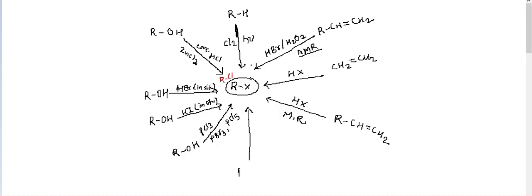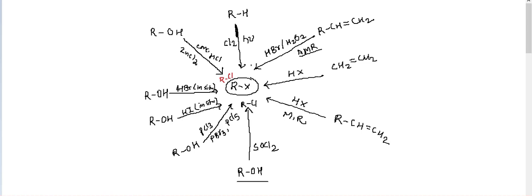And then there is one more method: ROH, when treated with SOCl2, we end up with specifically RCl. This is a very good method of preparation of alkyl chloride from alcohol because the end products are HCl and SO2 gas, and both are gases, so they evaporate after the reaction is complete.